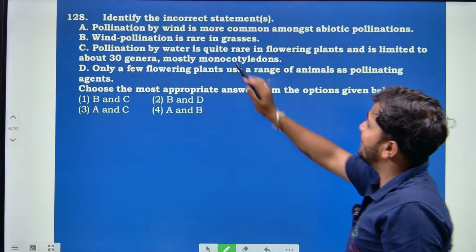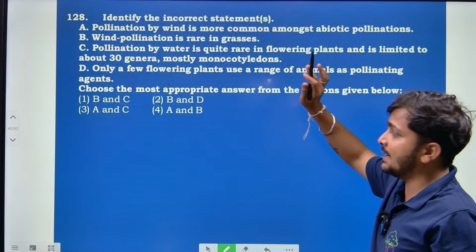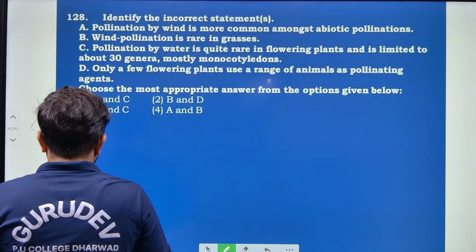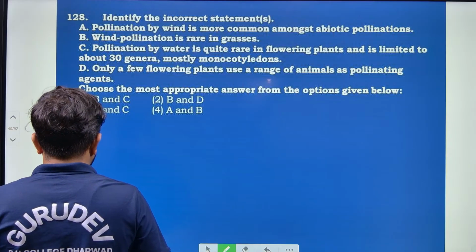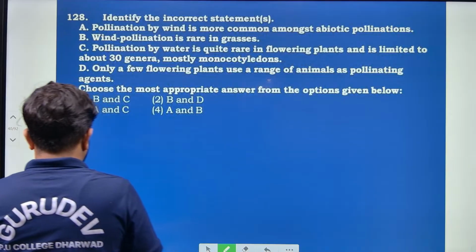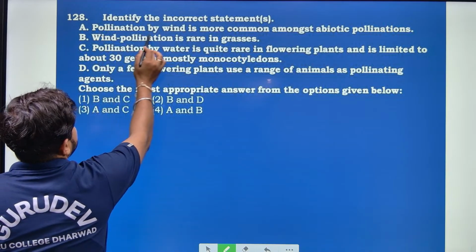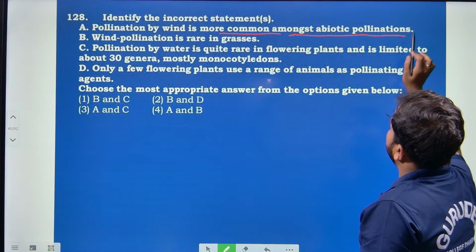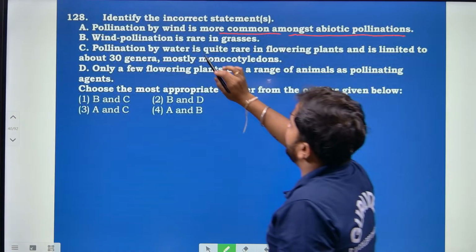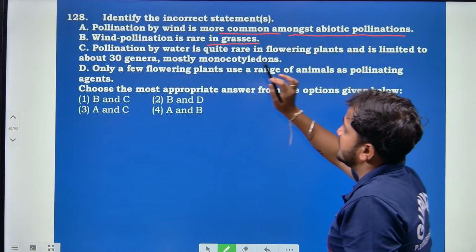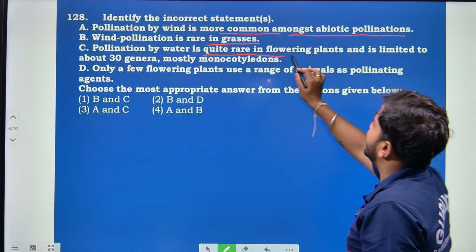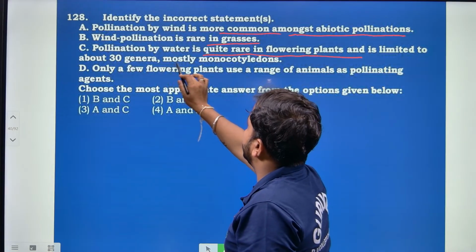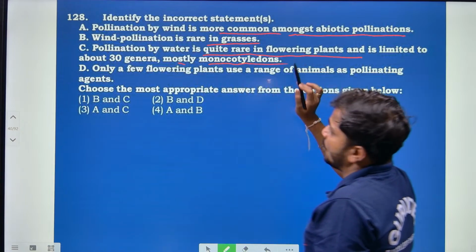Then identify the incorrect statement here. We have to identify incorrect statements, right? Pollination by wind is more common amongst abiotic pollination. Wind pollination is rare in grasses. Pollination by water is quite rare in flowering plants and is limited to about 30 genera, mostly monocotyledons.